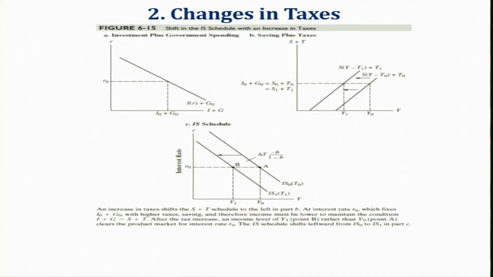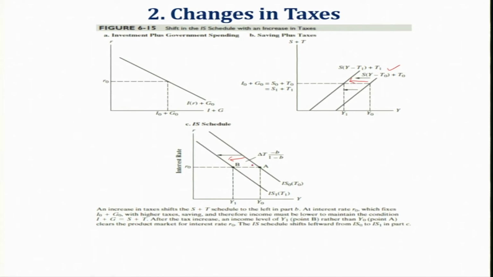The second factor is changes in taxes. Suppose there is an increase in taxes. When the government increases the tax, the IS curve will shift leftwards. How much will be the decline in income?